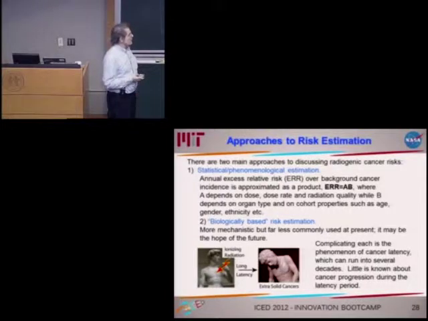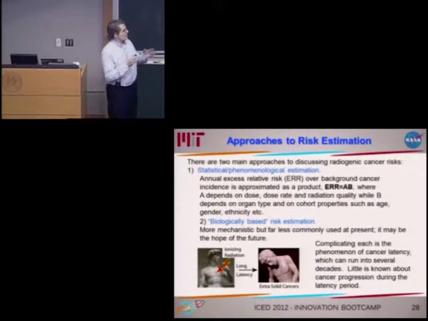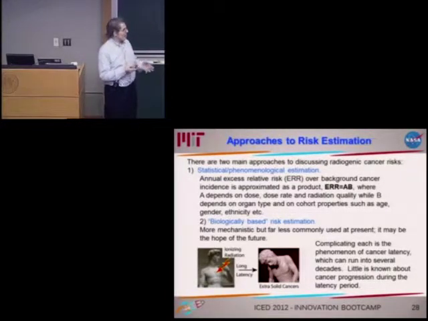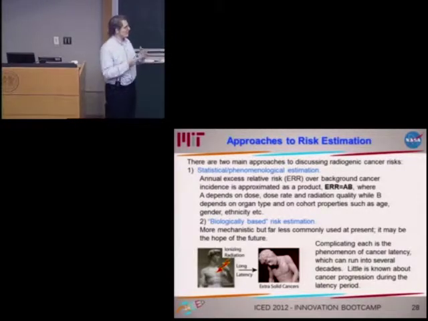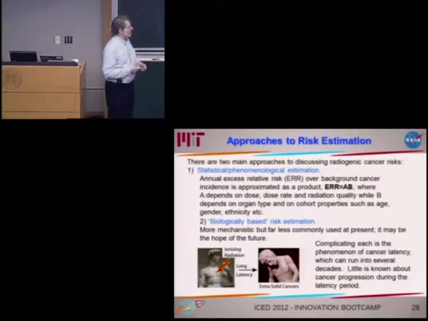Then, more recently, hasn't gained an official policy foothold yet, is this notion of biologically based risk estimation. What this entails is thinking more mechanistically rather than statistically and phenomenologically about the problem. But in the course of doing that, introducing into the equation a lot more effects, at least from the beginning of this exercise, a lot more confounding influences.